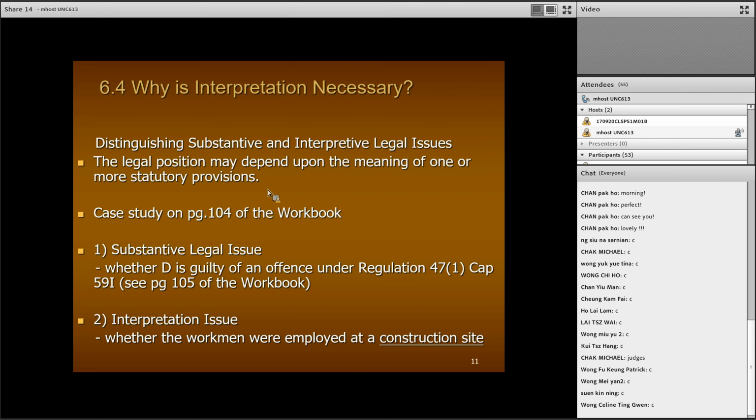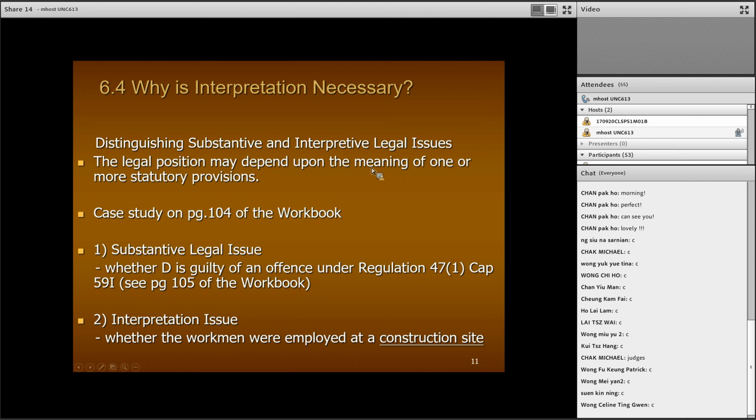So what is meant by carrying on the business? If you lend money to your friend, does it mean that it's carrying on business? So we have to know the actual meaning of carrying on business. Okay? The meaning will affect your legal position. You may be guilty or not guilty because of the definition of carrying on business.